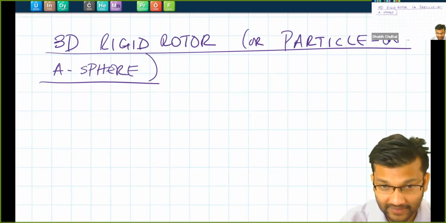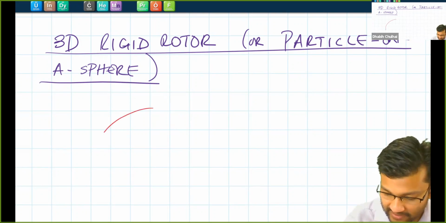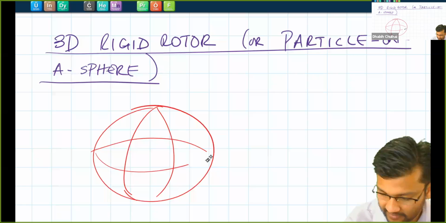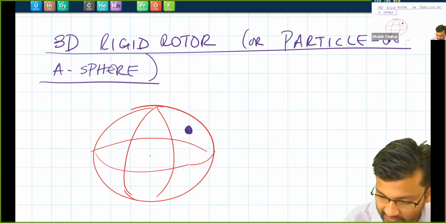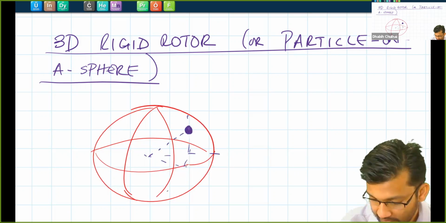All right, so we have three-dimensional. This is going to be hard to draw because it's not just a circle, but imagine you have a sphere. All right, this is my sphere. And you have your particle stuck on the surface of this sphere, right? Maybe like that.